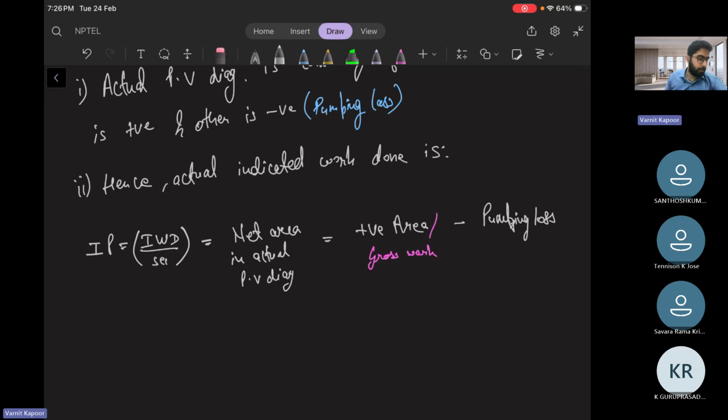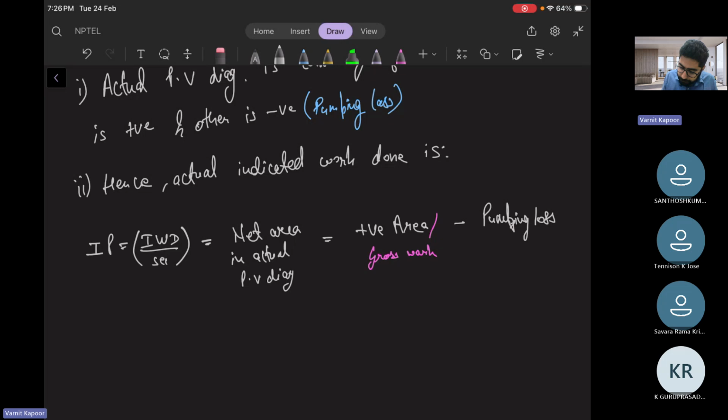Pumping loss. Okay, so we can also say this pumping loss is a negative work. Okay, and the positive area is your gross work. All right, so pumping loss is nothing but the total amount of energy required to overcome the resistance from the actual suction and actual exhaust stroke.